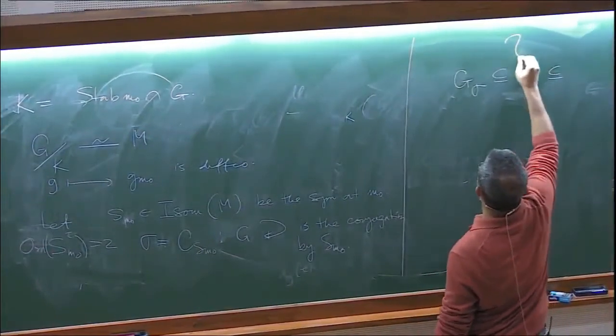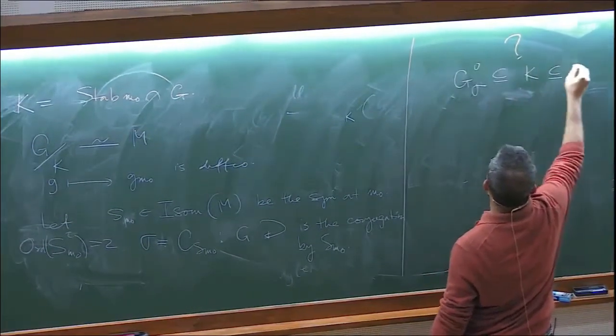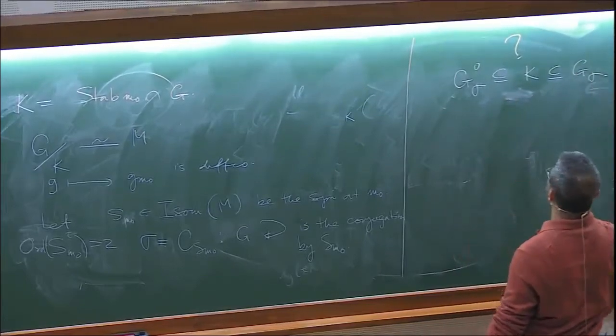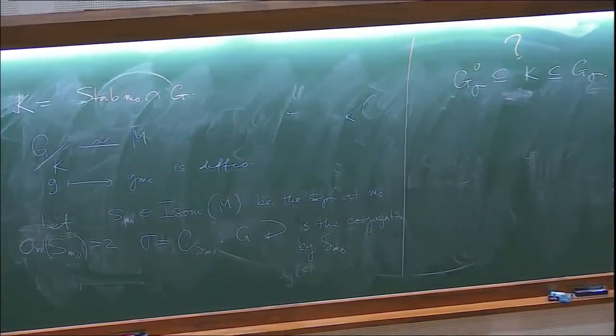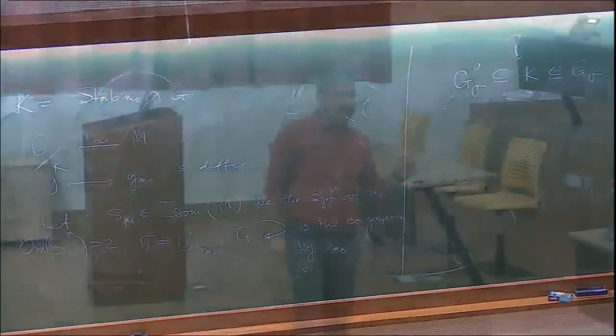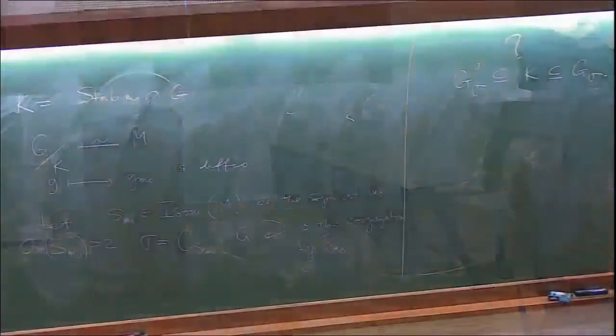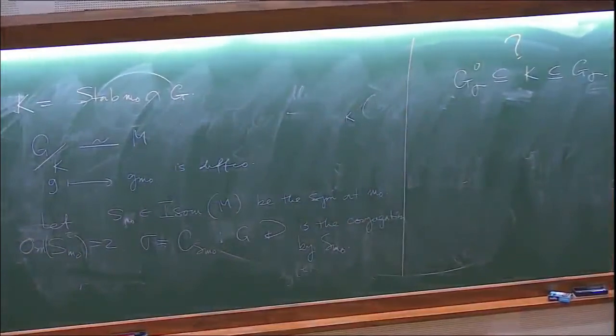So I need to prove this. So I need to prove the stabilizer of M naught is commuting with Sm naught. I take any isometry which fixes M naught, it commutes with Sm naught.